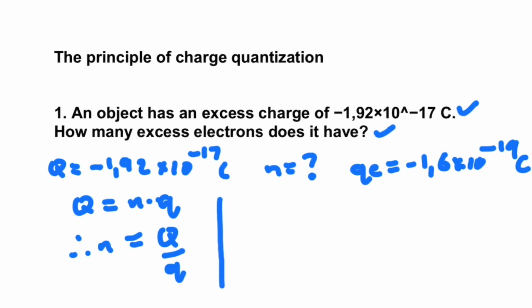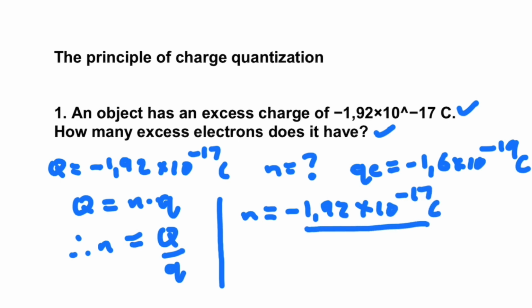So using this formula, we're going to have N being equal to the charge of our object, that is minus 1.92 times 10 to the minus 17 coulombs divided by the charge of an electron. The charge of an electron is minus 1.6 times 10 to the minus 19.